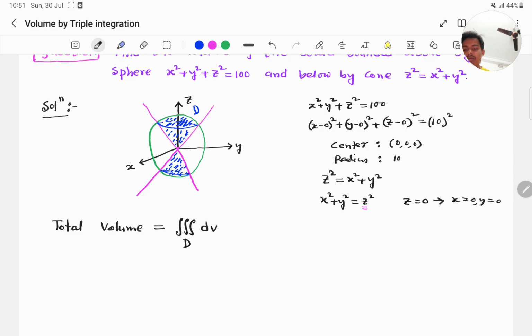Now how do we calculate this? We can calculate this in terms of Cartesian coordinates, cylindrical coordinates or spherical. Here we will take the help of the cylindrical coordinate system.